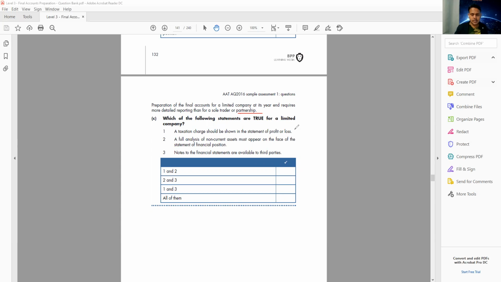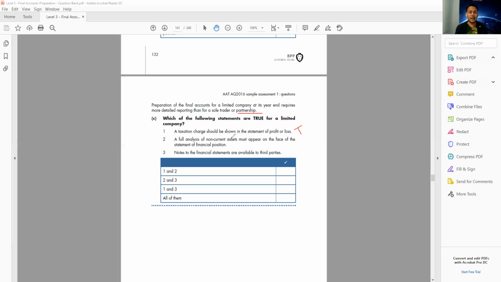Yes, that's true. Full analysis of the non-current assets must appear on the statement of financial position. Is it true or false? So a full analysis of the non-current assets. No, we just say this is our non-current asset.